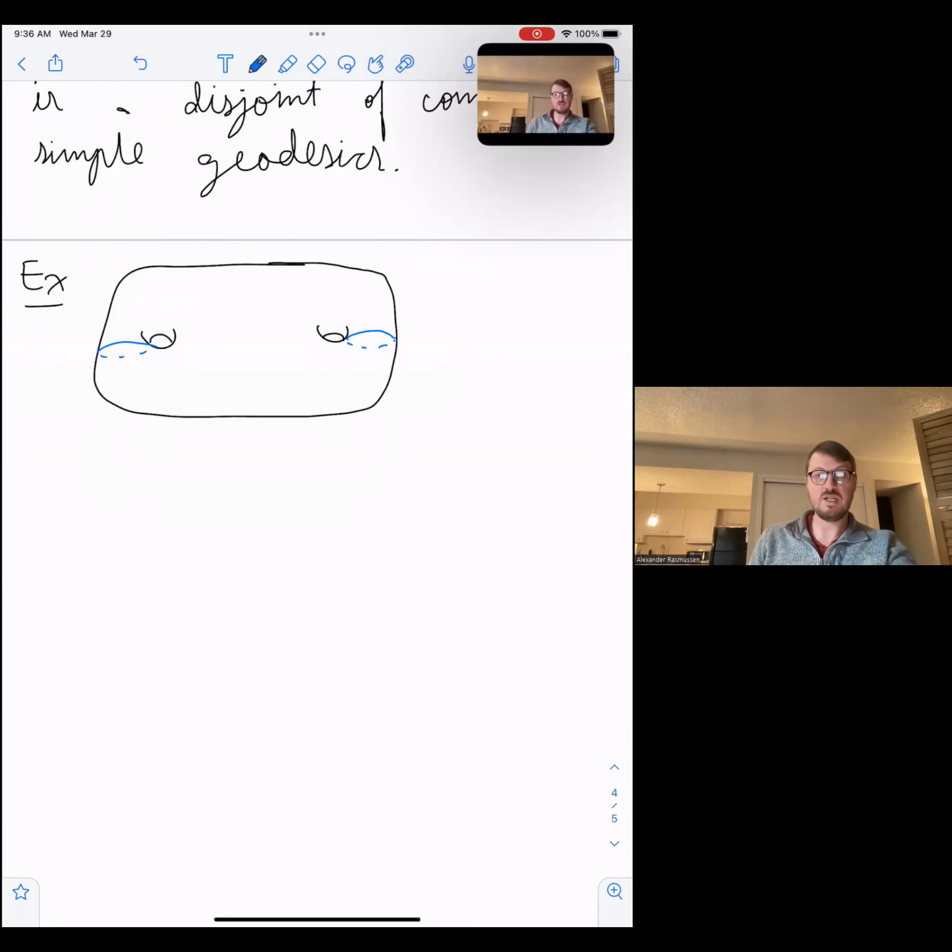So the union is a geodesic lamination. And we'll say that this has two leaves. A leaf is just the name we give to one of the geodesics making up the geodesic lamination. So there are just two geodesics involved in this lamination.